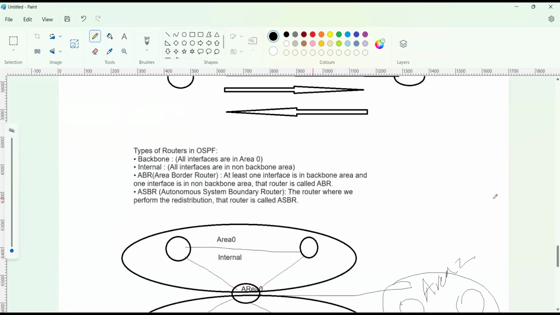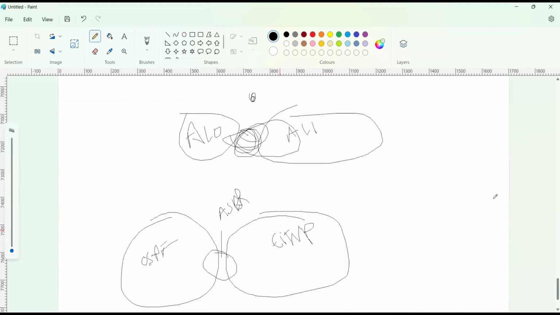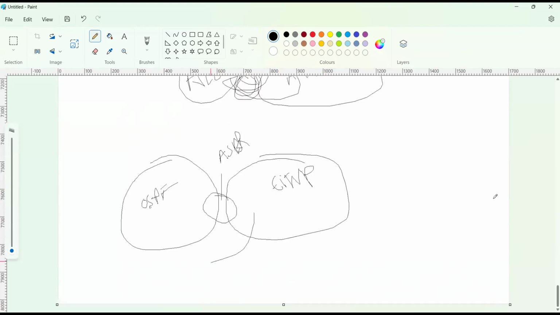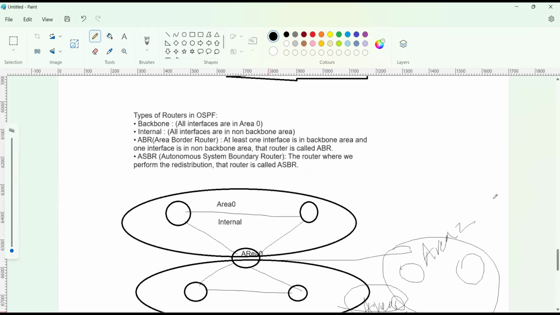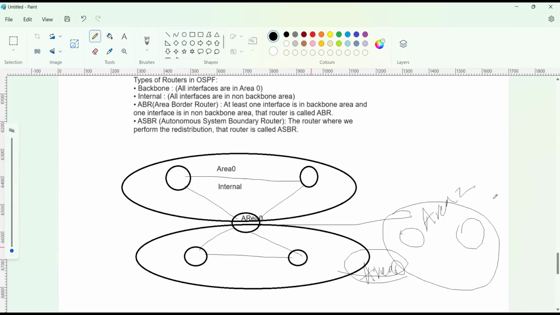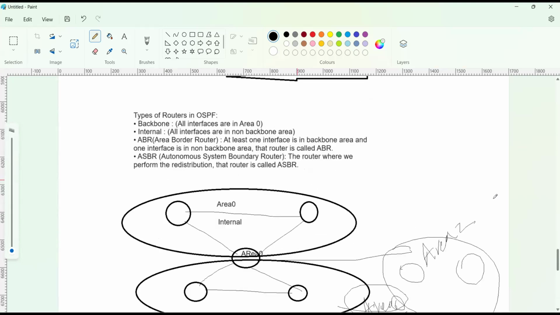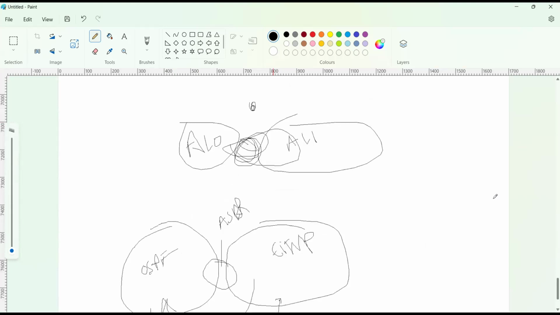The router where we perform redistribution is the redistribution router. When we redistribute from EIGRP to OSPF and OSPF to EIGRP, we call it an ASBR router. That is the reason for redistributed prefixes. This is the area concept. Understood?